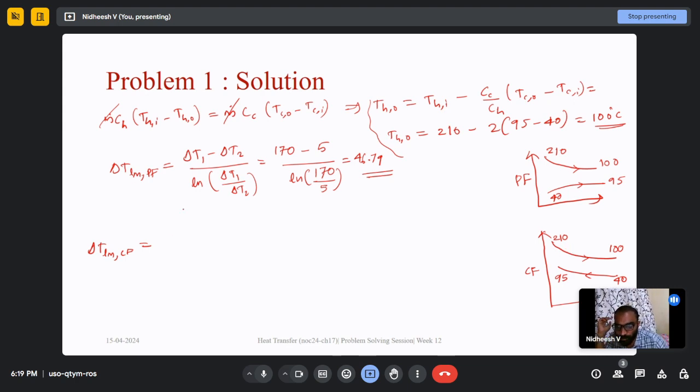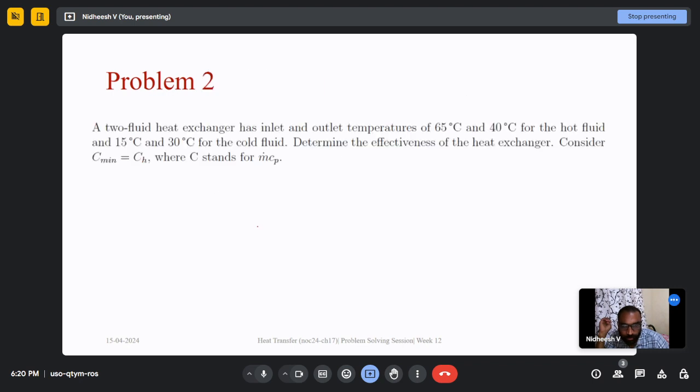So when we write delta T1 minus delta T2, in all the cases I am taking 1 to be this section and 2 to be this section.